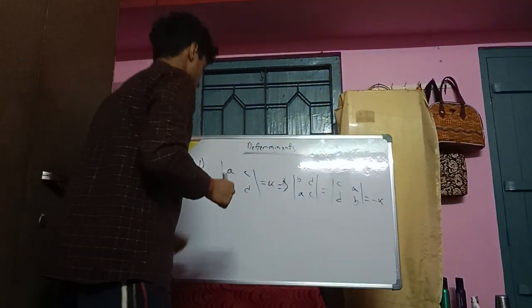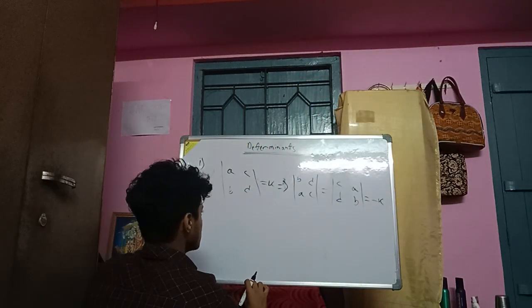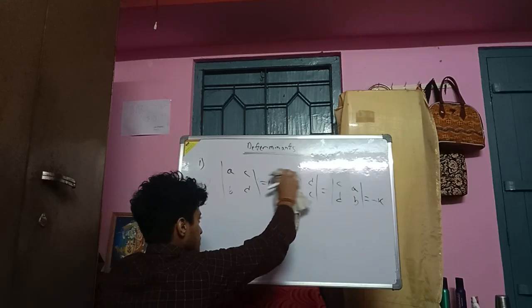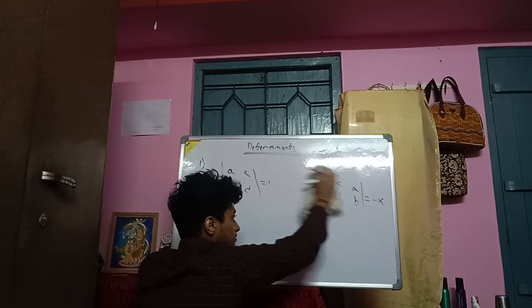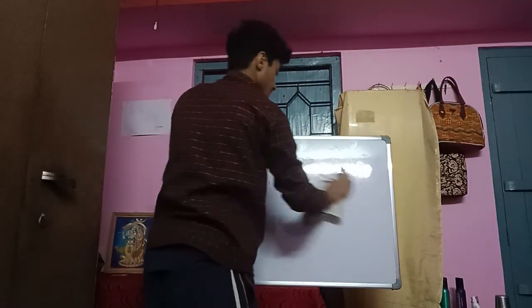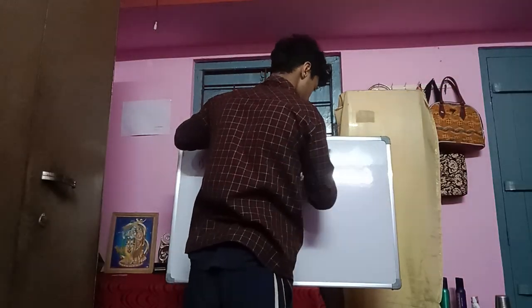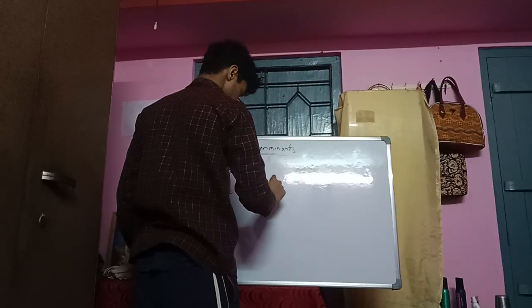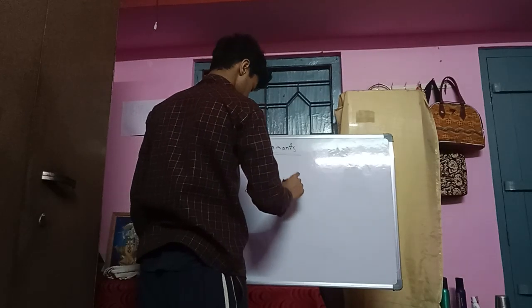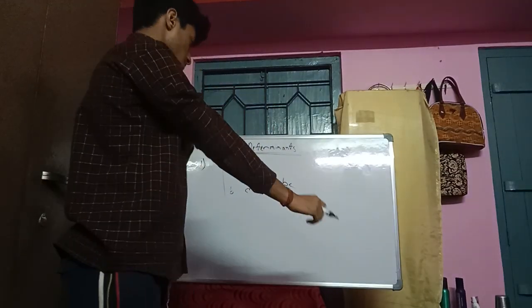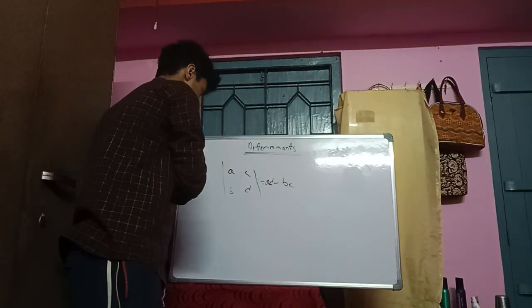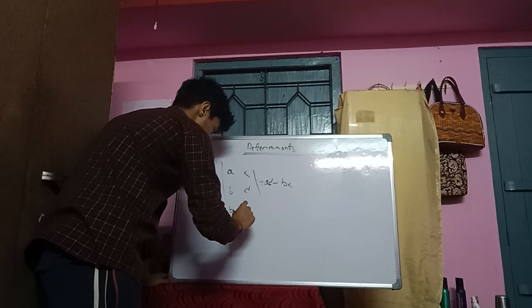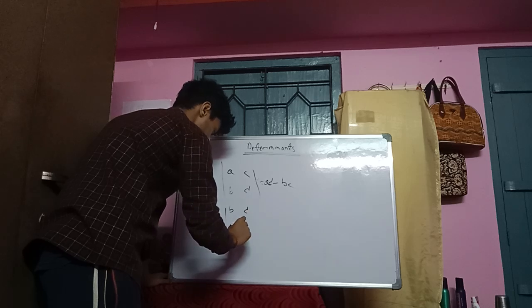Let me prove it actually. So the value of this determinant is AD minus BC. Okay. Now let's swap the rows. It would become B, D on top and A, C on bottom.